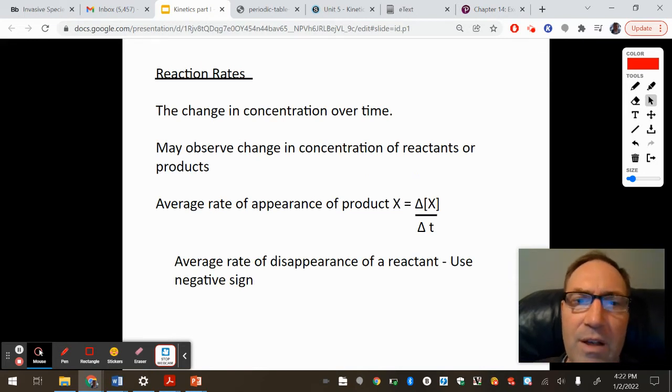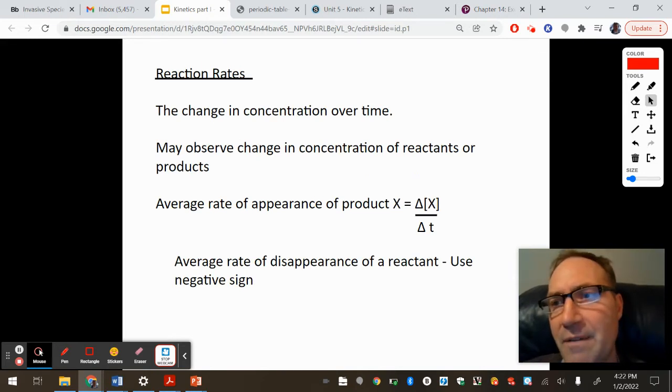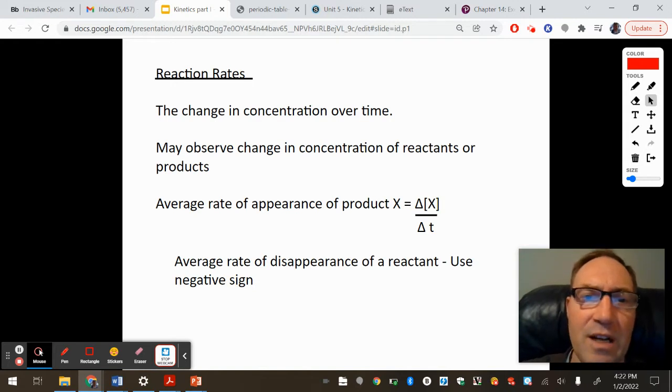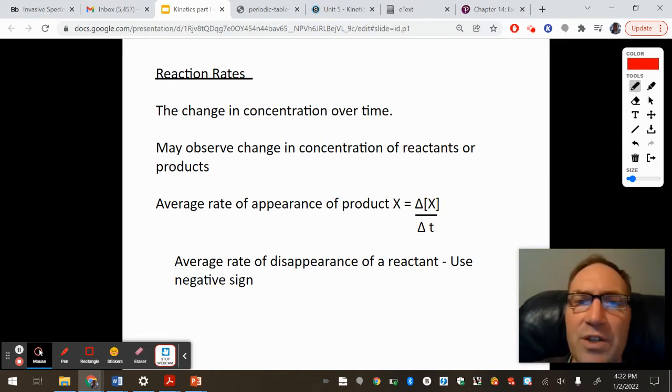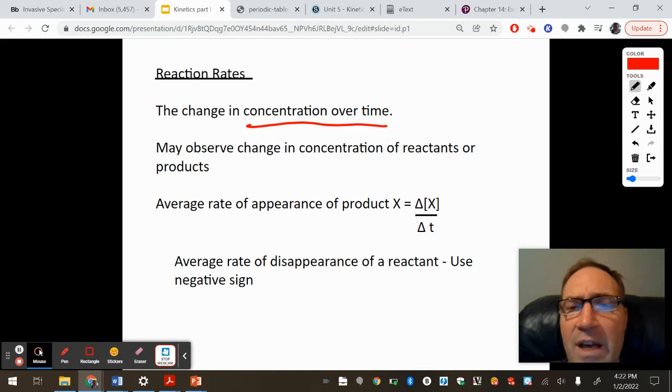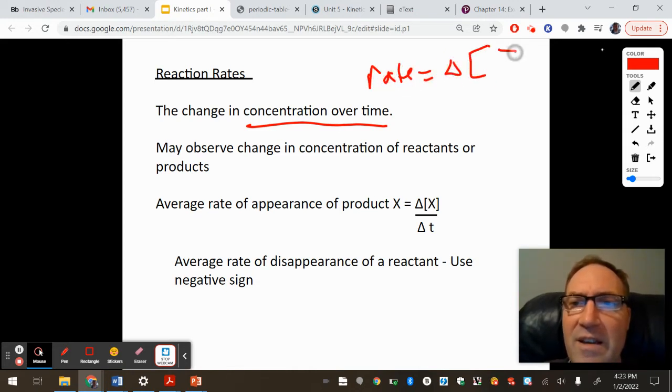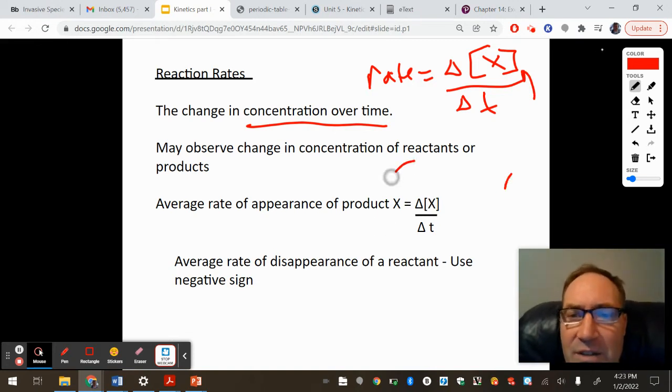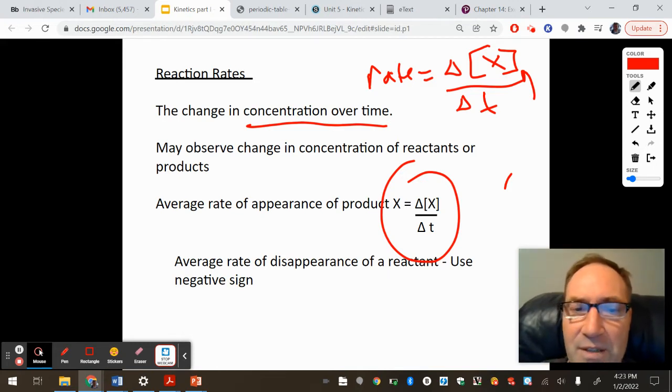All right. Now, when we measure rates, we always take the change in concentration over the change in time. That's where I was just saying that they'll often refer to it as the rate is equal to delta and then some variable over delta T, where the brackets mean concentration, molarity, and then change in time is the change in time that takes place in something.